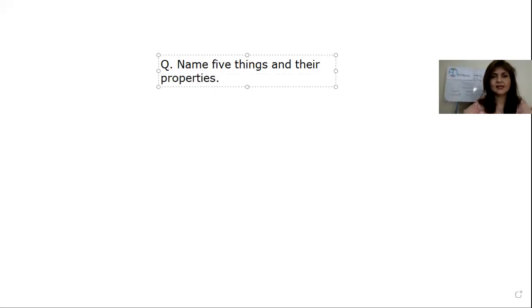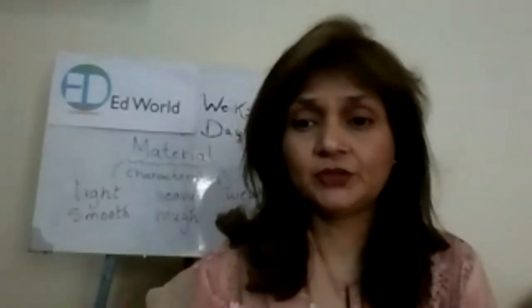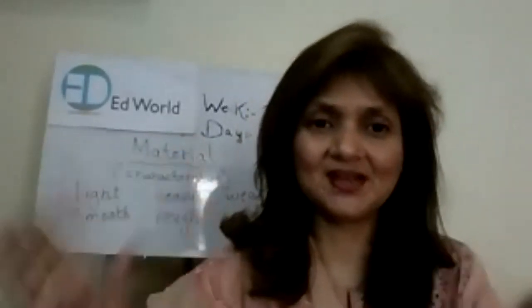Name 5 things and their properties. You have to write down any 5 things. It could be from my board. It could be anything. Any 5 things and their properties, and you may also draw their pictures, right? So it's writing and drawing. So that's why I'm giving you 12 minutes for this task, and your time starts now.